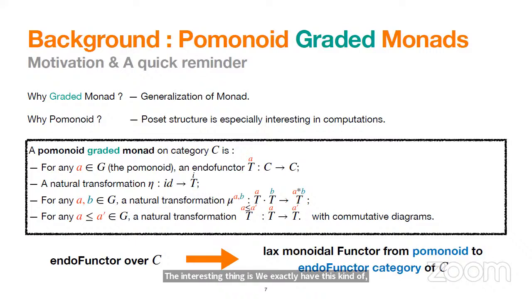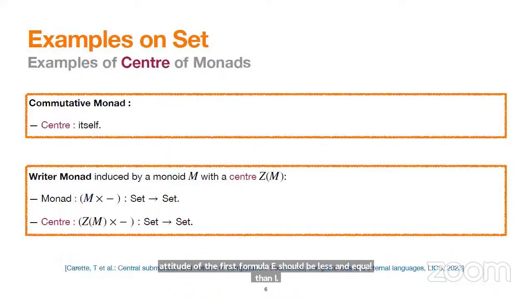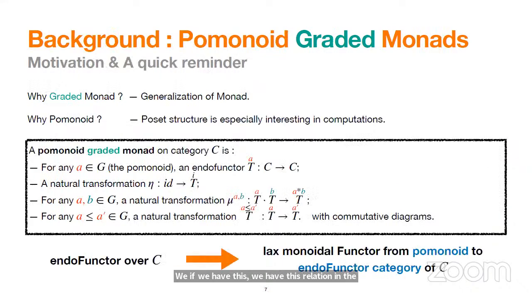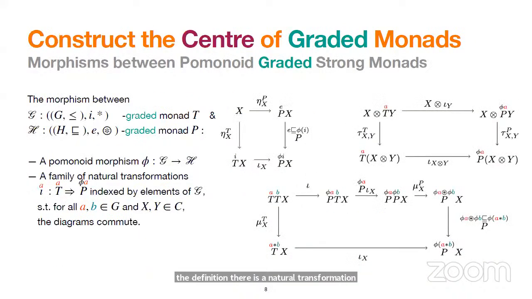The interesting thing is we exactly have this kind of relation in the gradation. In the pomonoid morphism, we do have such a relation: the identity E of the first pomonoid should be less than or equal to I. If we have this relation in the morphism, then by the definition, there is a natural transformation between them, so we can have this arrow here.